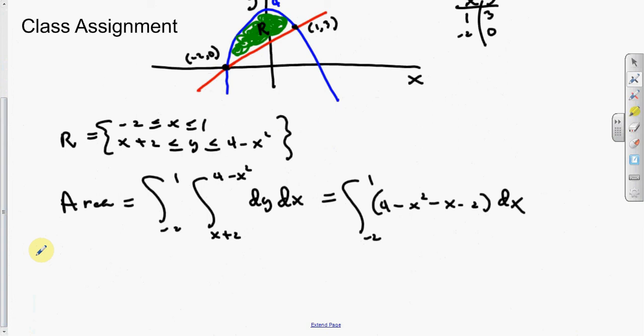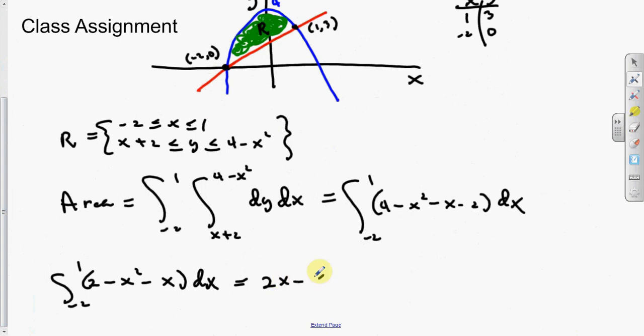Never liked the teacher that skipped steps, especially in math. So this is the integral from negative 2 to 1. That's 4 minus 2, that's 2, minus x squared minus x dx.